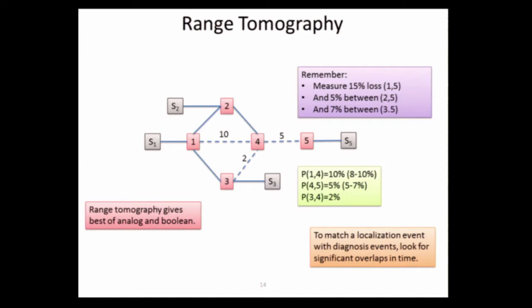The probability of the problem between 4 and 5, which is where I would think it was just from pure Boolean tomography, is actually only 5%. So there's probabilities of where the problem might be, and range tomography allows me to be a bit more accurate, a little bit more considerate of the possibilities.